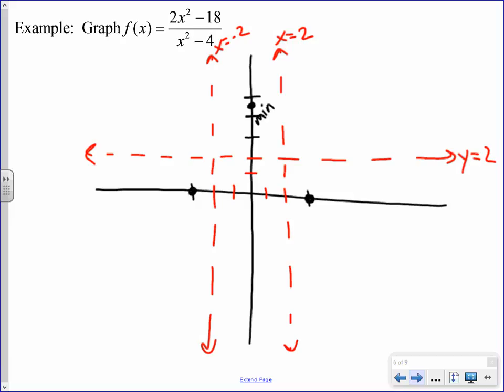So, on the interval negative infinity to negative 2, we have labeled that our function is decreasing and that it is concave down. Decreasing and concave down, and we know we have to approach those asymptotes.